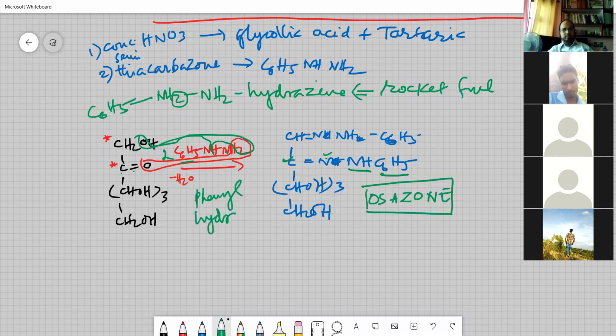Phenylhydrazine gives rise to osazone. That is the reaction. So this reaction indicates that glucose reacts with phenylhydrazine and breaks down to osazone. Osazone is an important structure, and therefore this suggests the presence of a keto group.